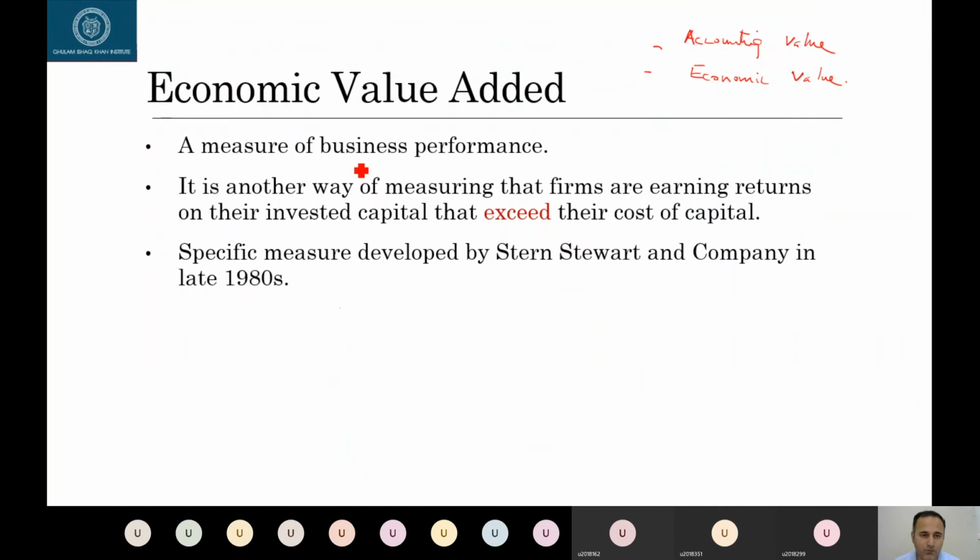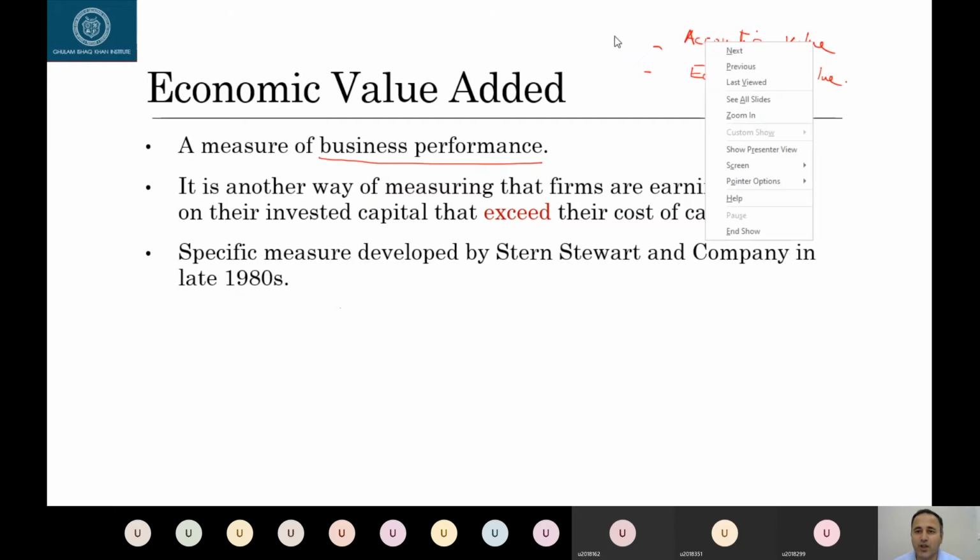Both of them measure business performance, but accounting value does not take into account certain costs, and that's one of the limitations. So accounting value is whatever is appearing on your books.